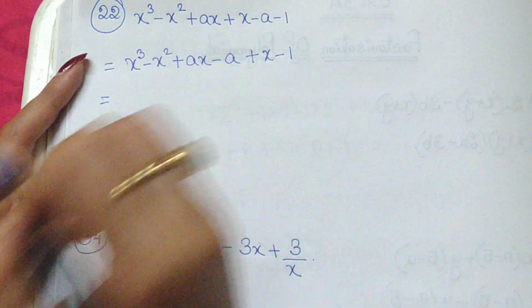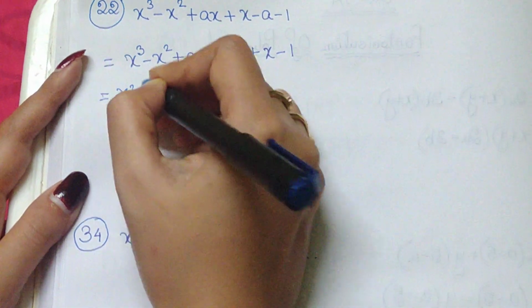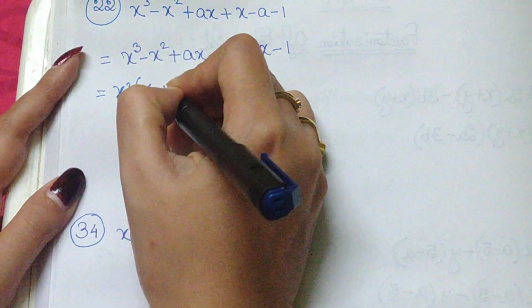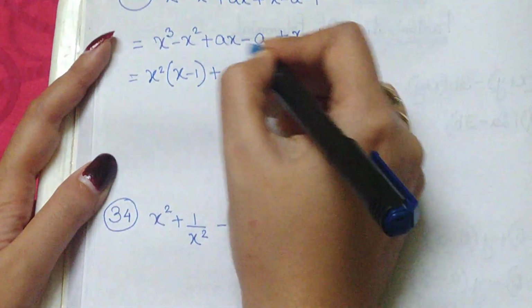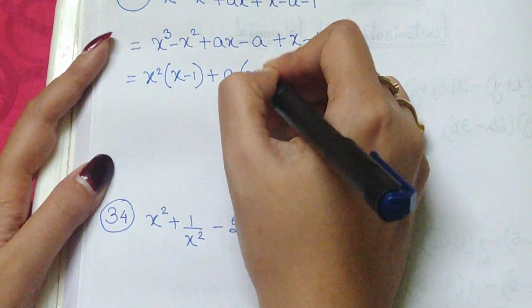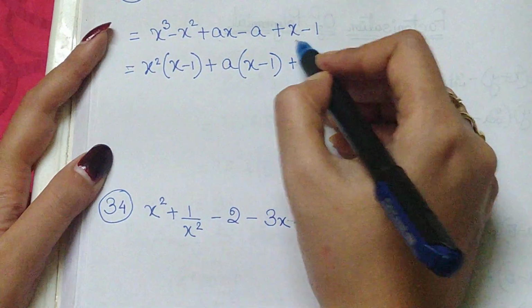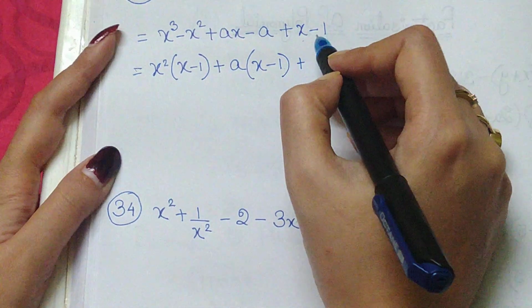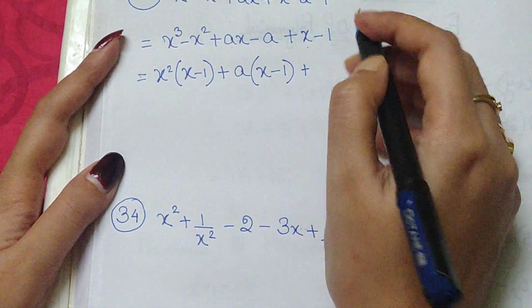So from these two terms I can take x square common. So this gives you x minus 1 plus a I can take common from these two. Again x minus 1 I have got. Over here I can see nothing is common in between them. So what will I take common? I can take 1 as common.